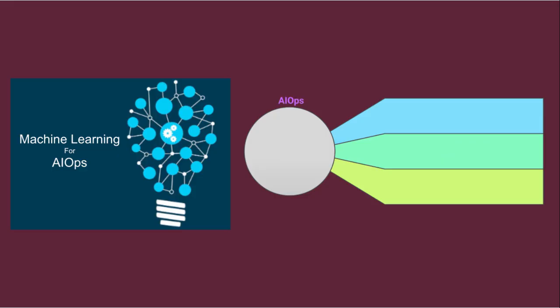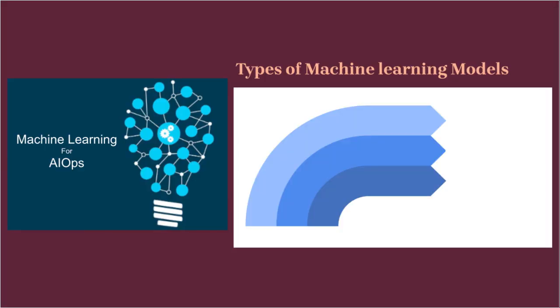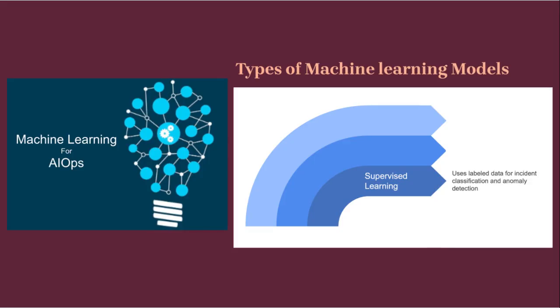At the core of AIOps are machine learning models that analyze massive amounts of operational data. These models detect anomalies, classify incidents, and predict potential system failures. There are three main types of machine learning models used in AIOps. 1. Supervised learning. This requires labeled data to train models. It's commonly used for incident classification and anomaly detection. 2.